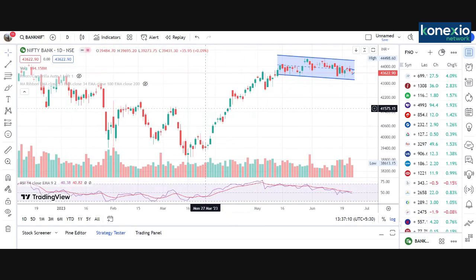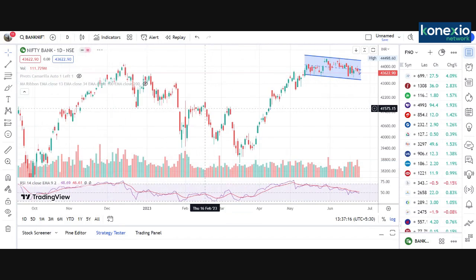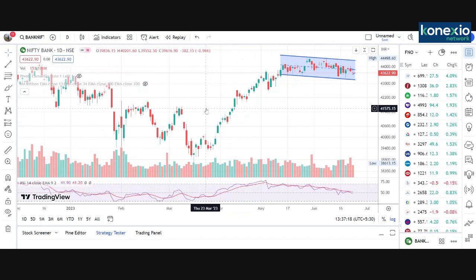We might see zigzag movement, and after that, we might see a decisive move in Bank Nifty. If you ask me, I am looking out for an upside breakout above 44,500, but I need a confirmation, and we will discuss if it happens next week or the week after that.